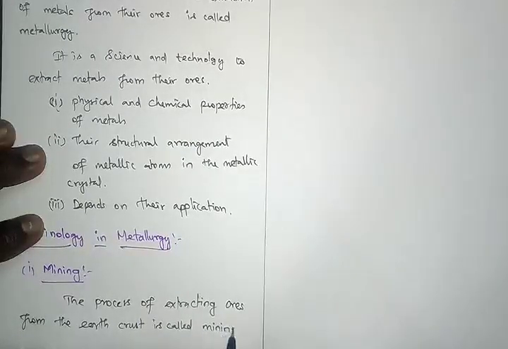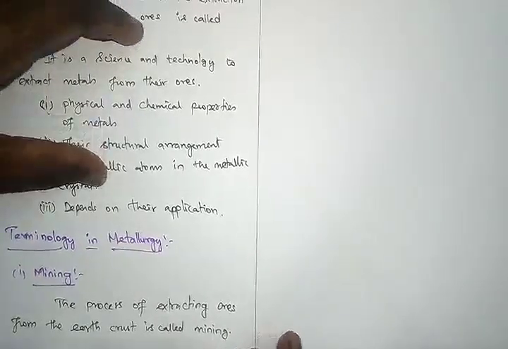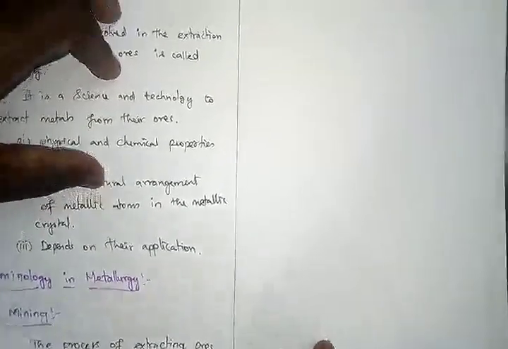It's a very simple idea. You might have heard it in the geography lesson also. Mining is a very simple, easy way. We just take ores or minerals from the earth crust. This process is called mining.